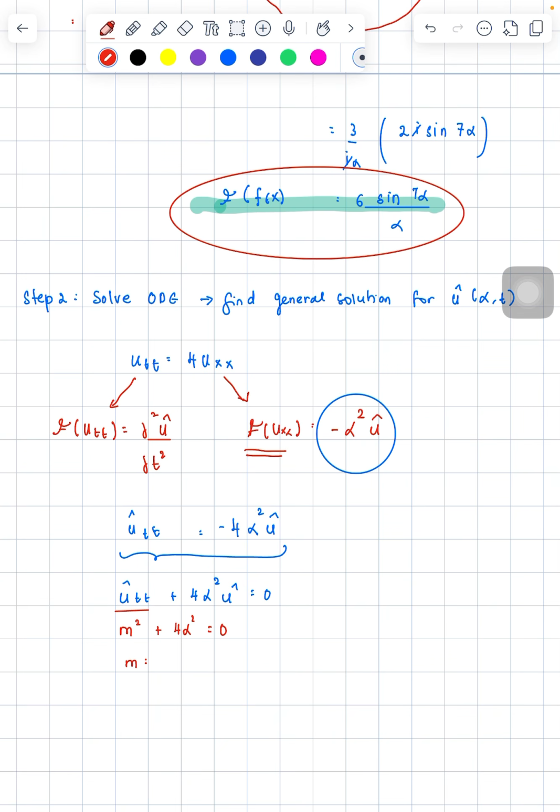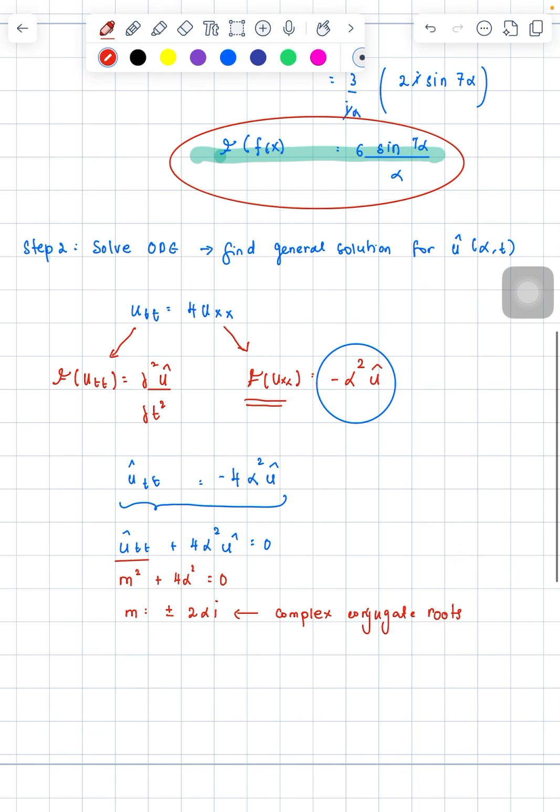So we will get m equals plus minus 2 alpha i. This is a complex conjugate root. Normally it is in the form of alpha plus minus beta i.